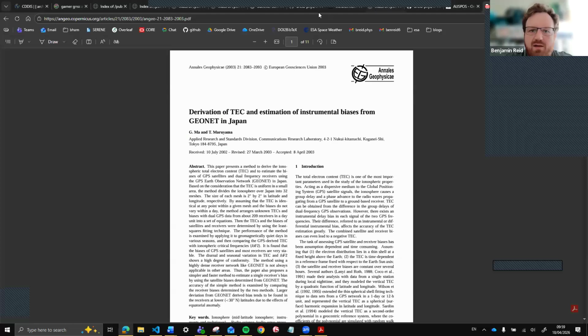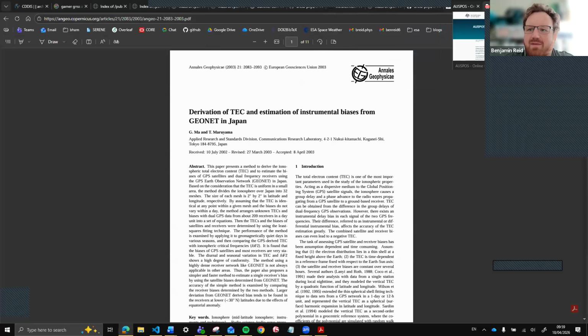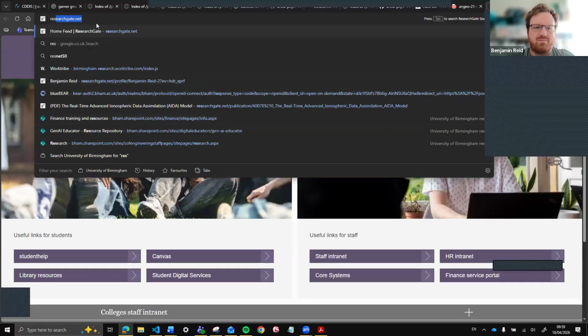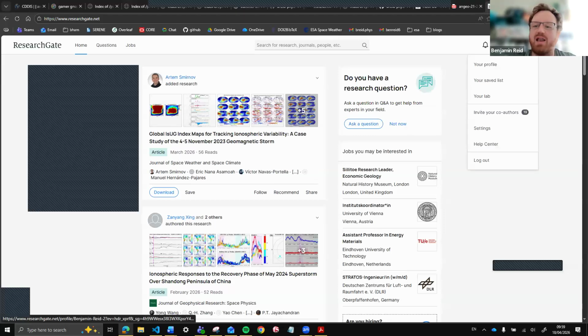Yeah, I think if you want to see, this is my paper. I didn't trust anyone's biases for high latitudes, so I did it myself.